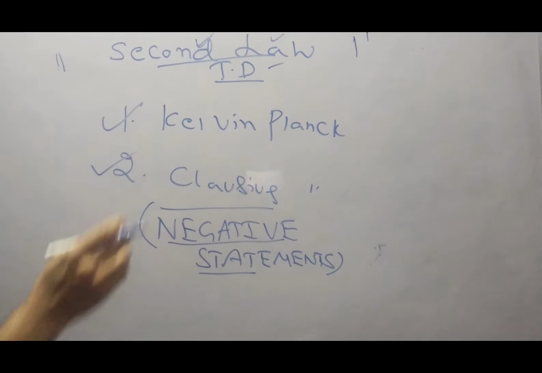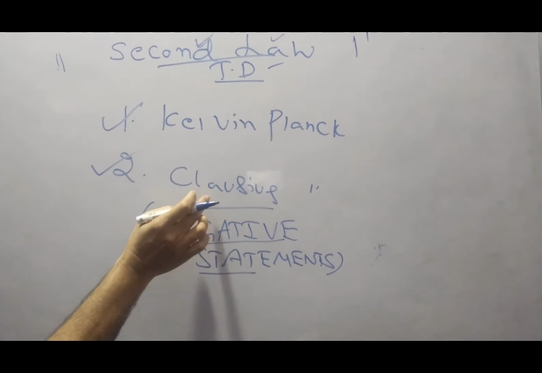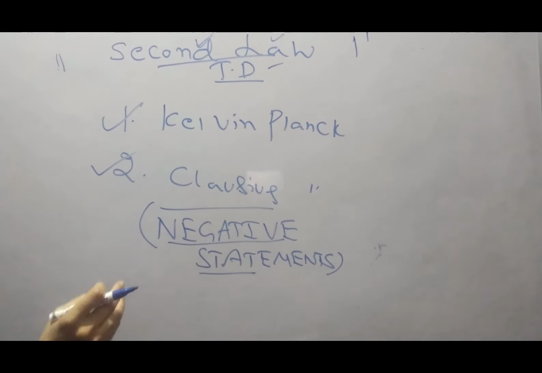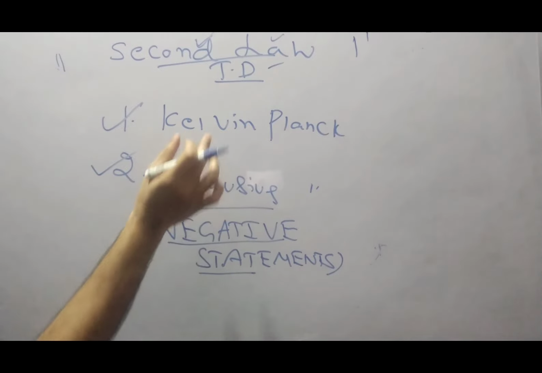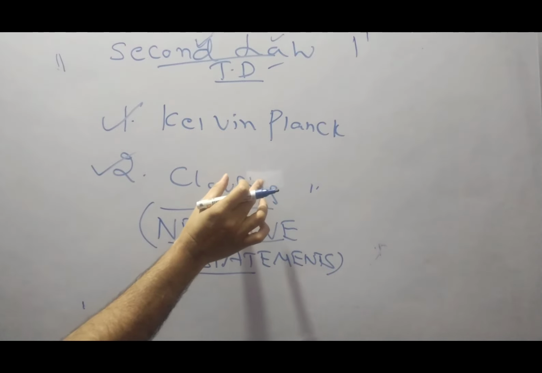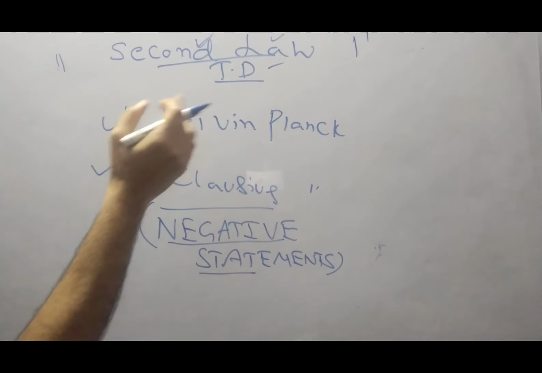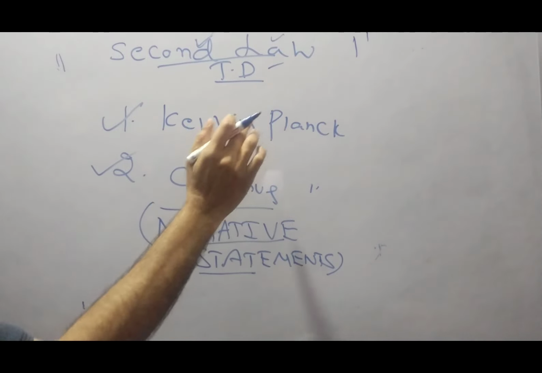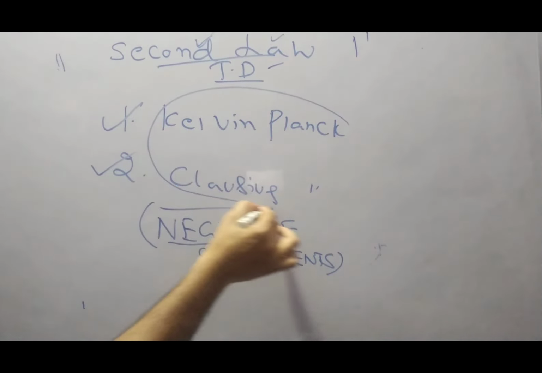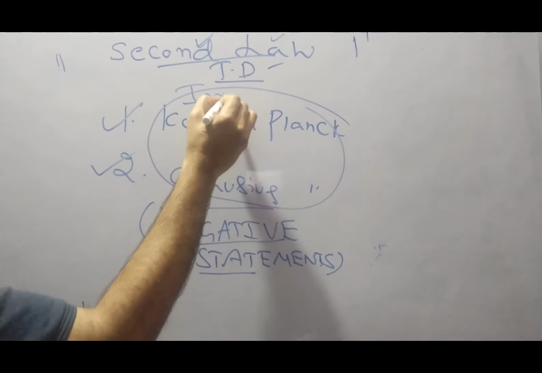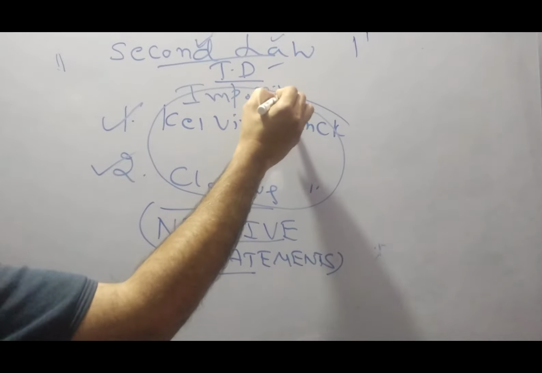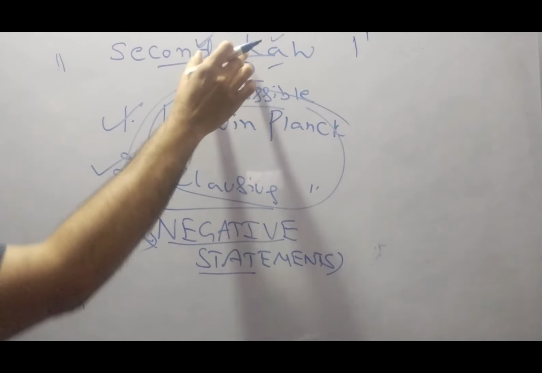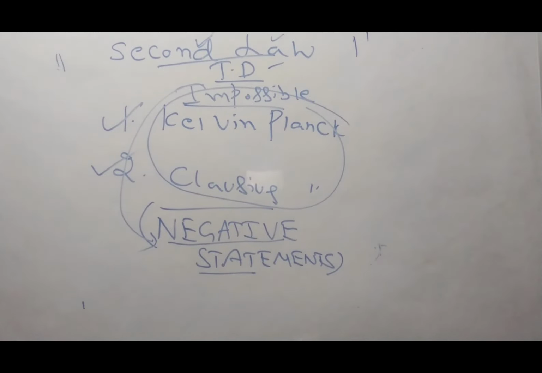In both the Kelvin Planck and Clausius statements, there is the word impossible. Impossible means negative. The statements are not of the form 'it is so'; they are of the form 'it is impossible'. So this word impossible comes in these two statements, which is why the two statements of the second law are negative statements. What is impossible, everything we'll discuss here.